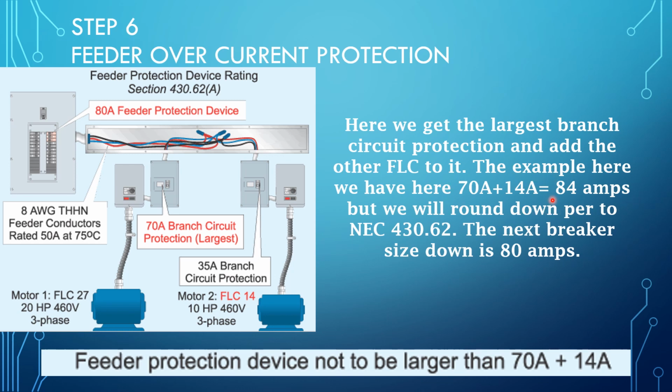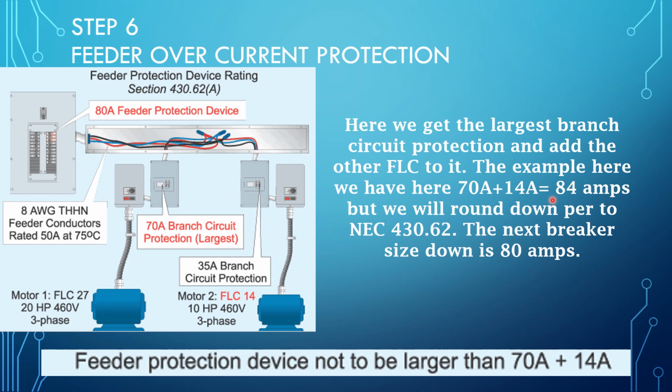Now this is the one spot in all of this where we're going to round down instead of round up. Why? Well, we're assuming that we're not going to be starting all of these motors up at the exact same time. All of these devices, motors and breakers have been padded for the extra inrush startup current.